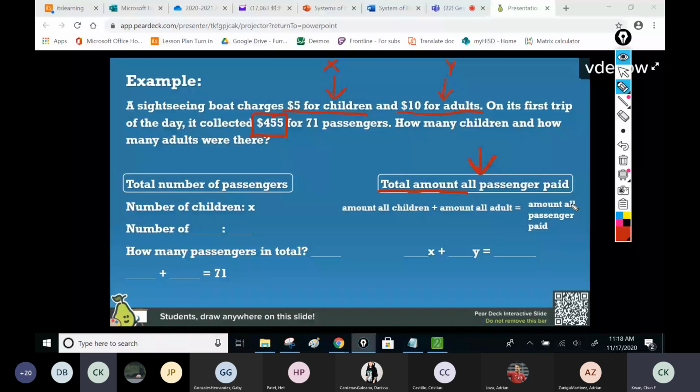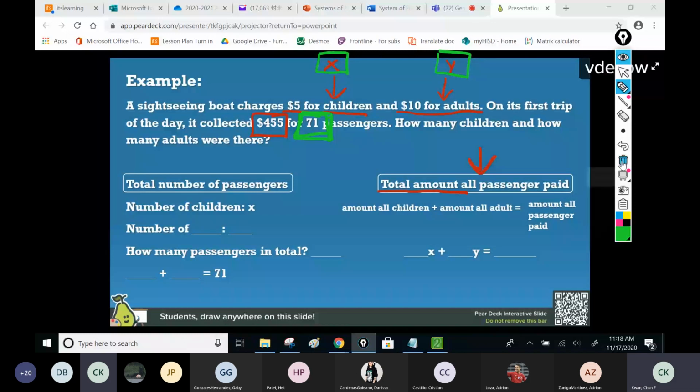And then the second statement, you know that there are 71 passengers in total, all right? So the number of children plus the number of adults is going to equal the number of total passengers, which is 71.